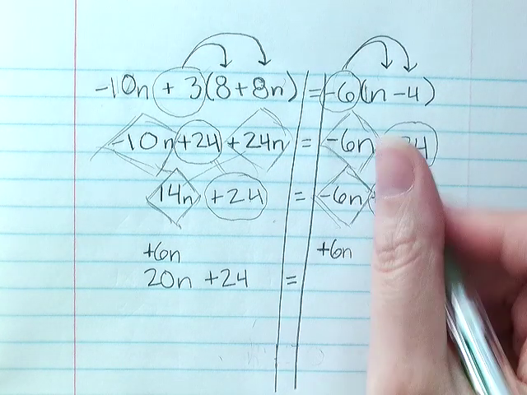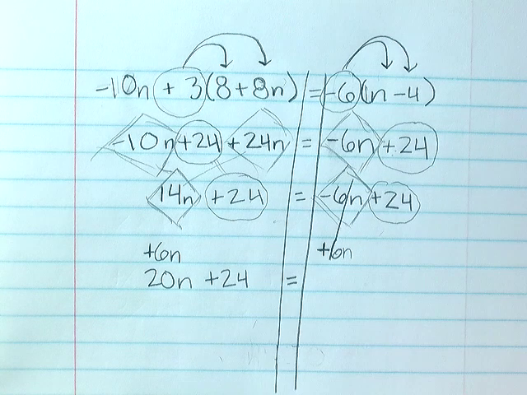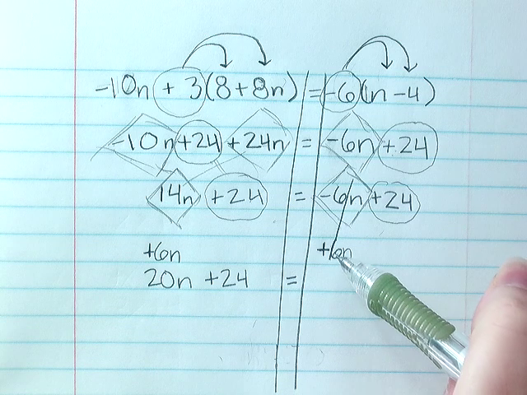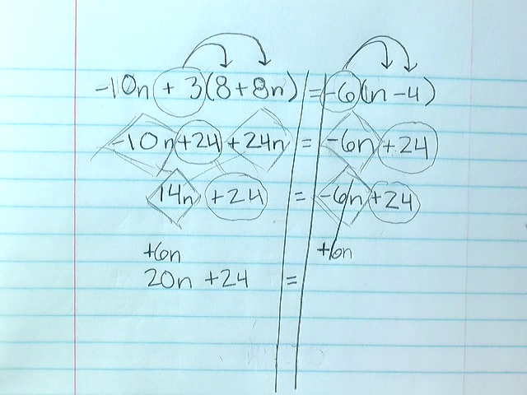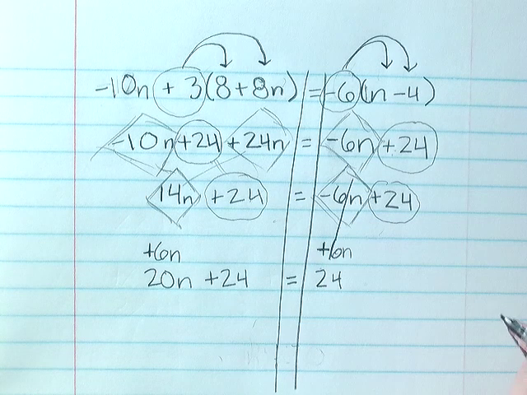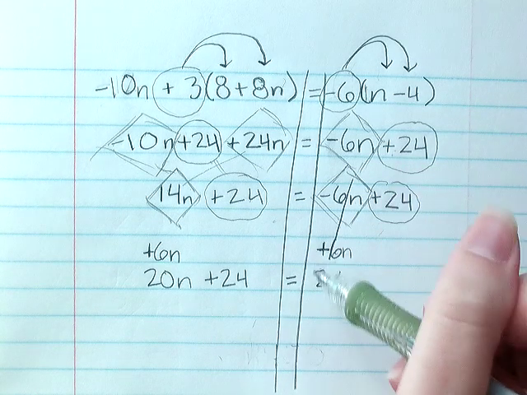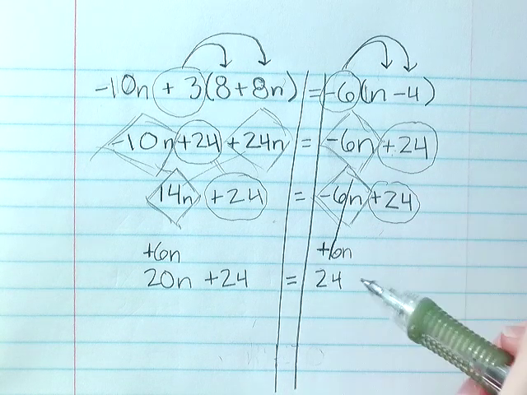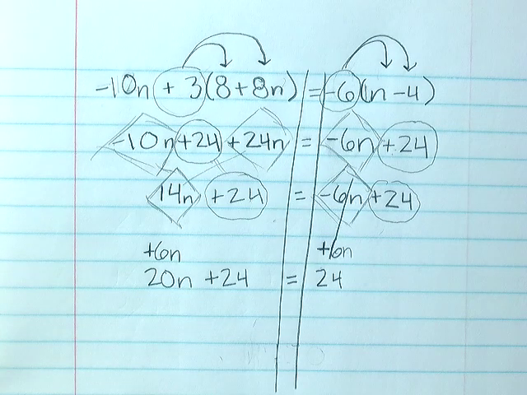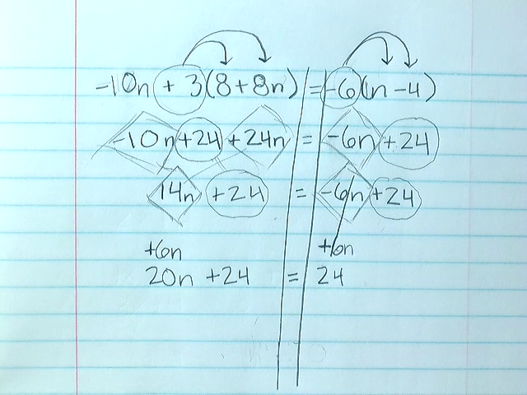On the right side, we again canceled out that 6n because I owed you 6n's, then I gave you 6n's, so now I don't owe you any more n's. But we didn't do anything to this 24, so I'm going to leave it here on the end. Now that there's no numbers in front of it, if we're looking at just the left side, I don't have to add a plus sign. In fact, not only do I not have to, but I'm not going to because that's not grammatically correct for math. Okay, so here's our new equation.